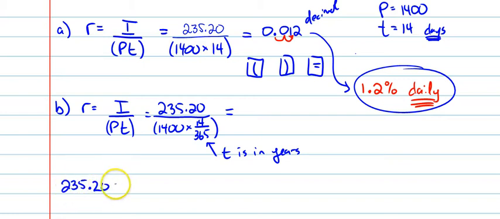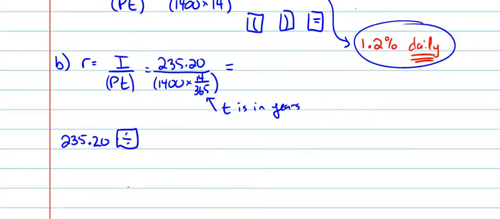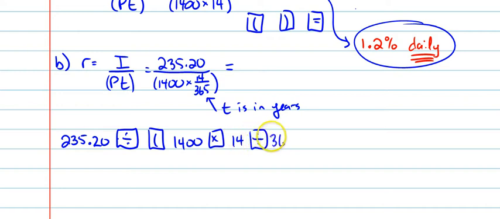235.20. Then you're going to hit the divided by button. I'm going to move this up. Then you're going to hit the open bracket. You're going to type in your 1,400 times 14 divided by 365, close bracket, equals.